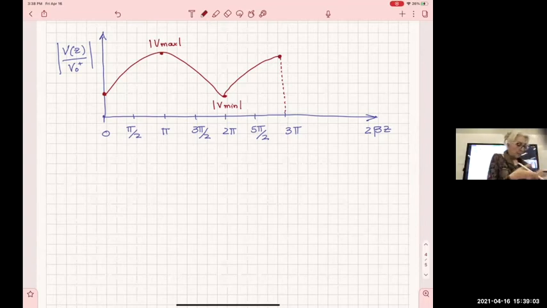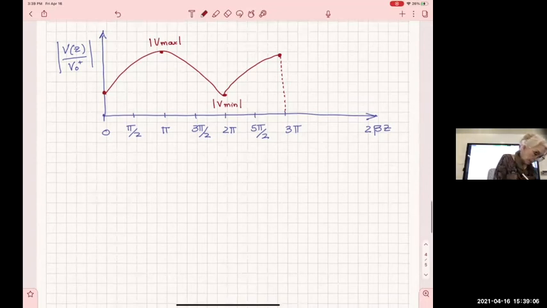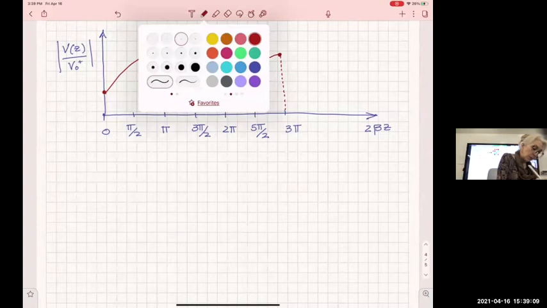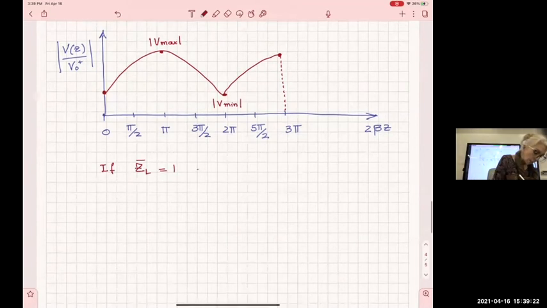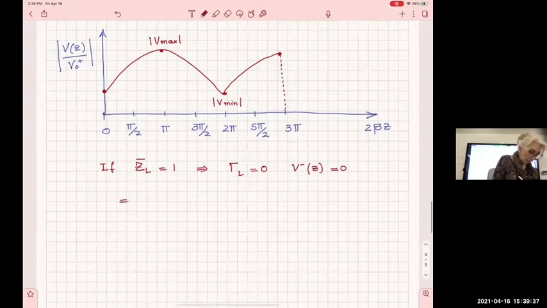So practically, what I'm saying is that if my load ZL were 1, that implies that my gamma L would be 0, and that implies that my V minus of Z would be 0, which then implies that V of Z would only be my V plus of Z, all right?